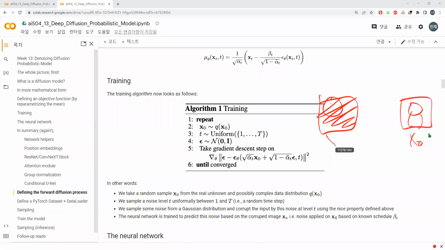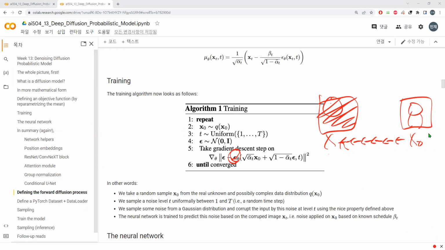This is x0 and xt, and there are many time steps scheduled by beta. Your question is whether this epsilon theta is for jumping from xt to x0. But my answer is no. Why? There are many epsilons, one for each time step.